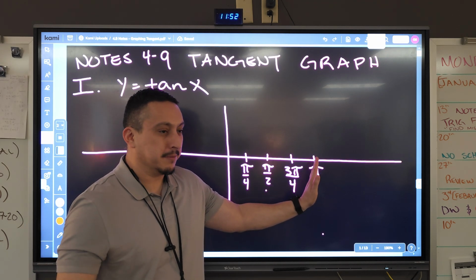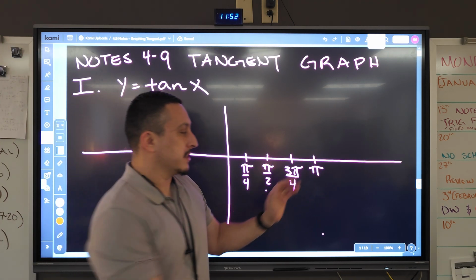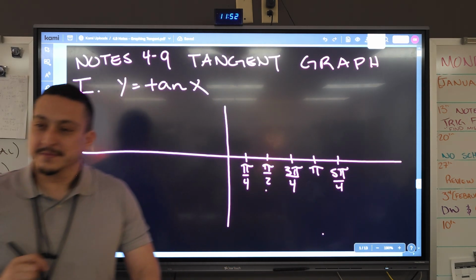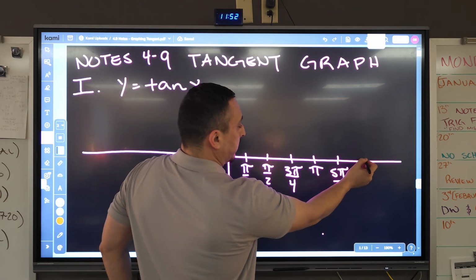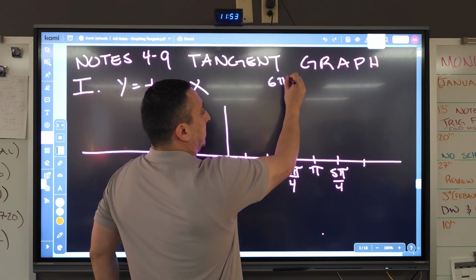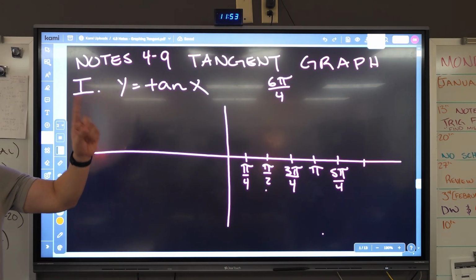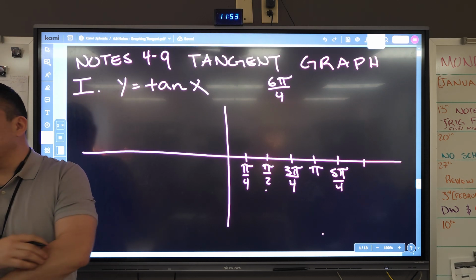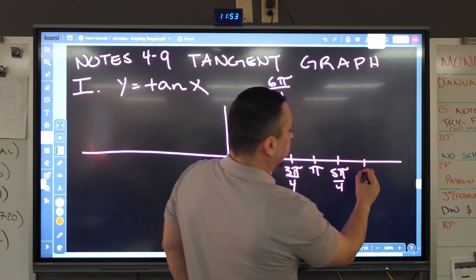So 1 pi and then 1 more fourth. So 4/4, 5/4, and then another fourth would be 6/4. But we can reduce 6/4, right? Those two reduce to 3 pi over 2.